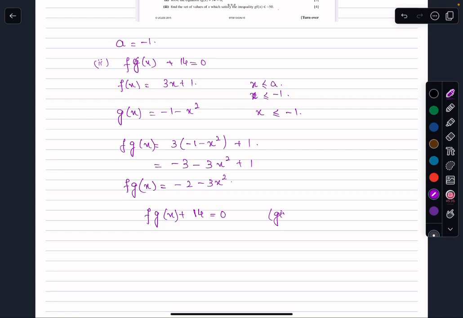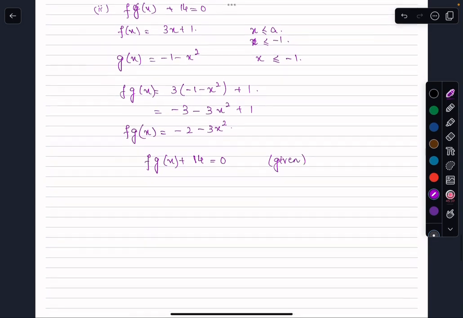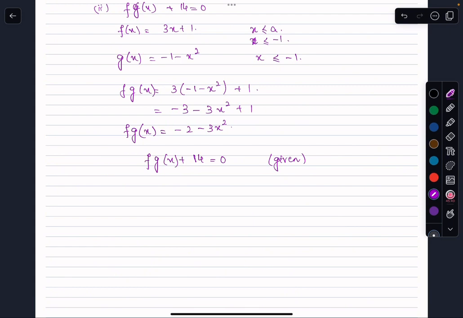So substituting the composite function f of g, it's minus 2 minus 3x squared plus 14, which equals 0, or minus 3x squared plus 12 equals 0, or minus 3x squared equals negative 12. Solving it, x squared is equal to 4, so x is equal to plus minus 2.